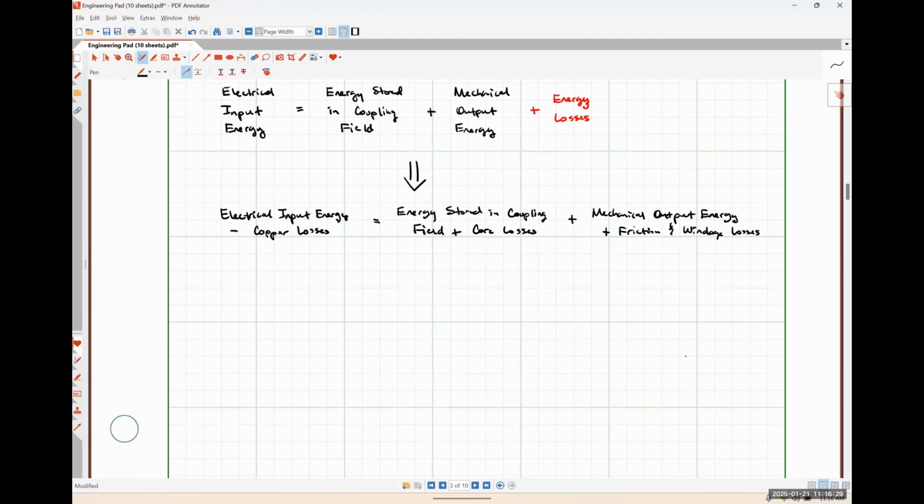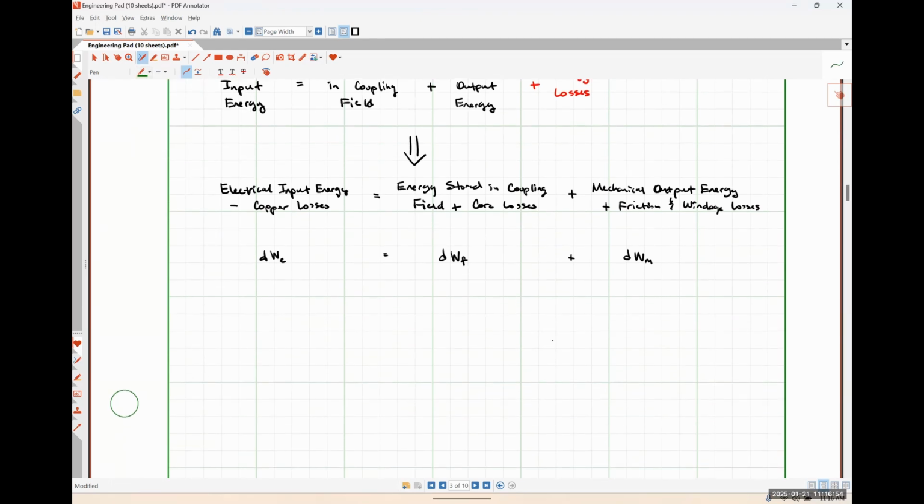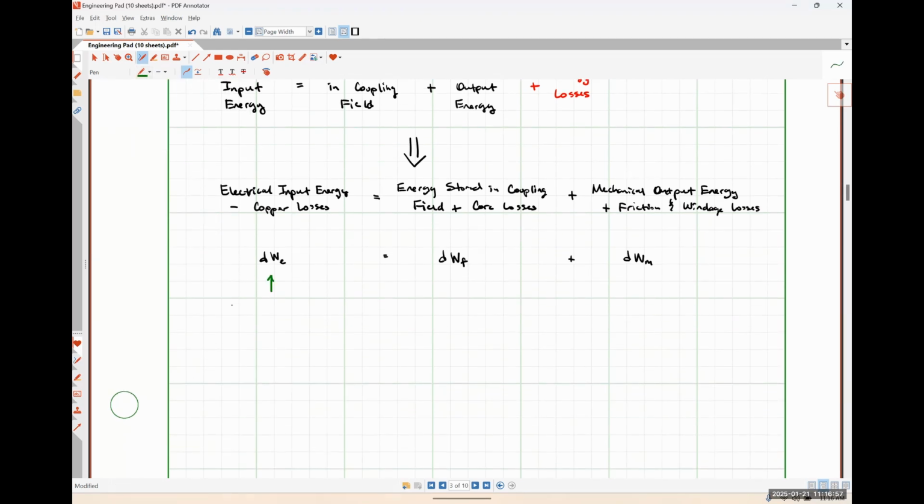Over some small time interval dt, this equation can be written as dWe is equal to dWf plus dWm, where this is our differential electrical energy.